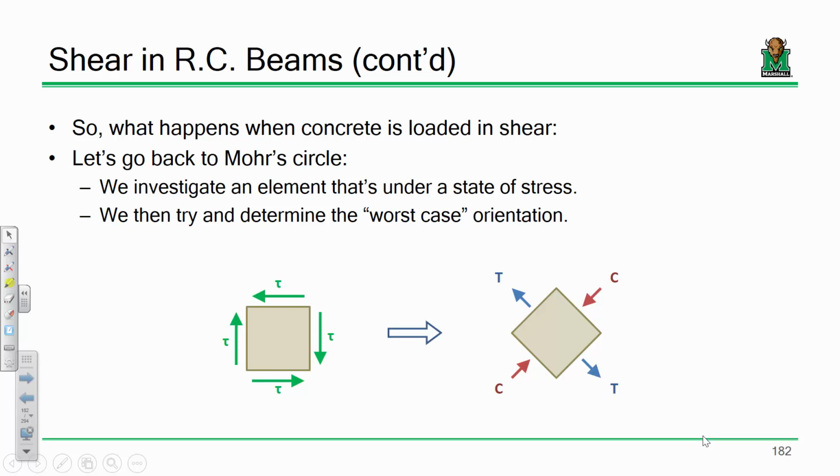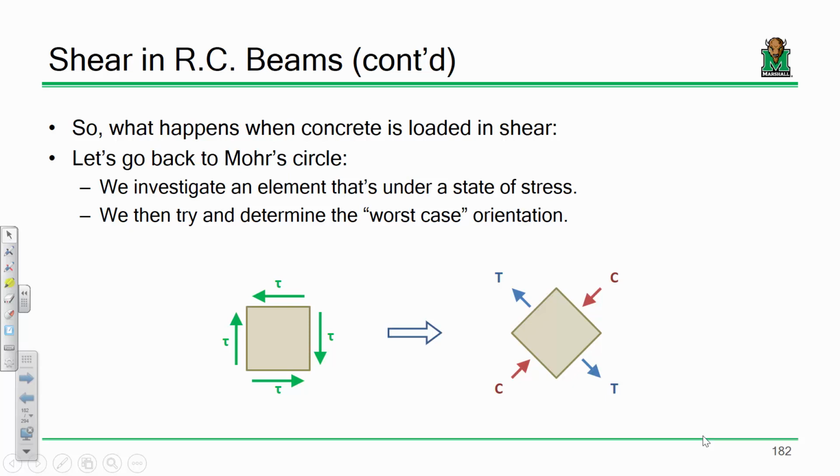But what if, instead of a judo chop, I do a karate chop? What if I cut it at some angle? Well, if you cut it at an angle, you're going to get different stresses.